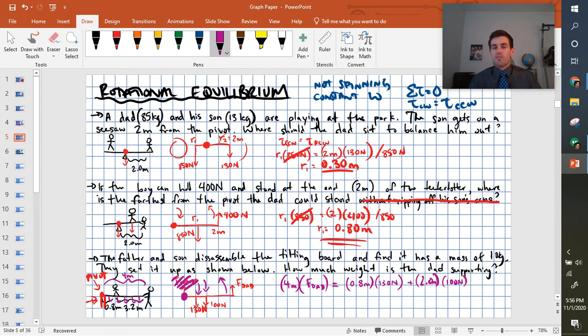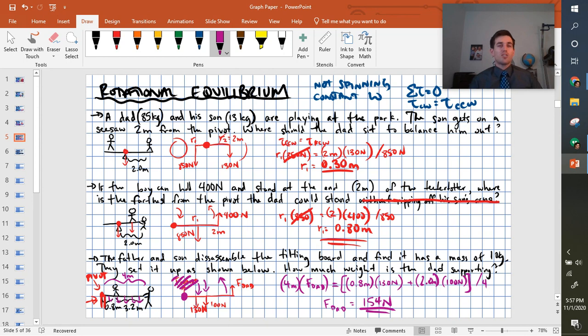But this is a simplification that gets us the right answer a lot quicker than trying to do a distributed mass like that. So if I want to just figure out what FDAD is, I just have to take this whole right side and divide it by 4. And I believe that FDAD, the force that the dad's applying, is 154 newtons. That's what it was when I calculated earlier. So as long as I didn't make any gross errors, that should be correct.